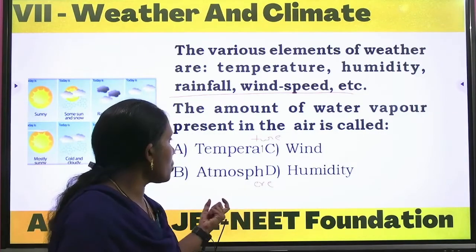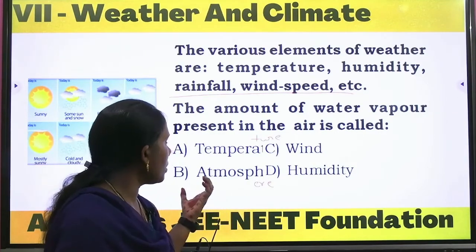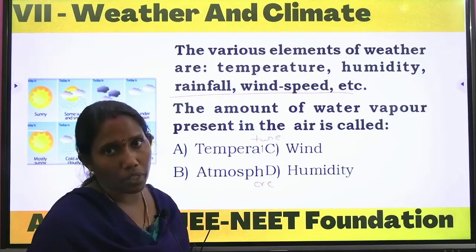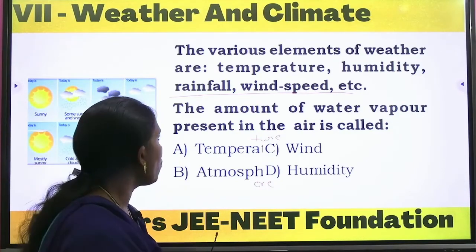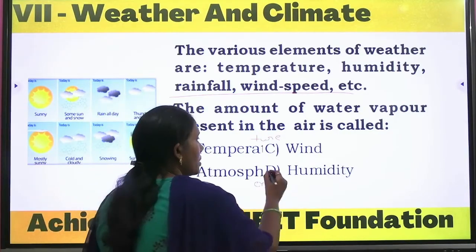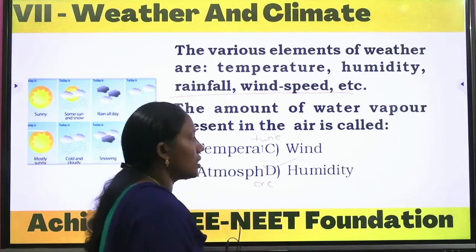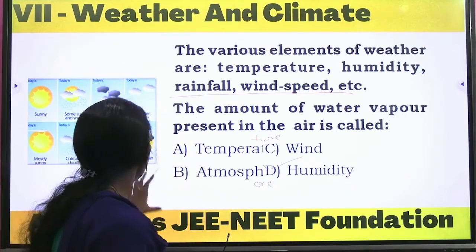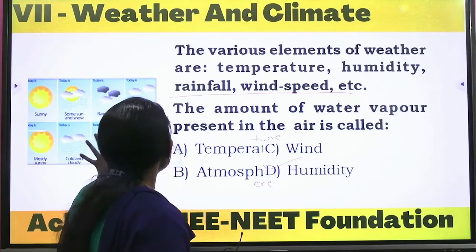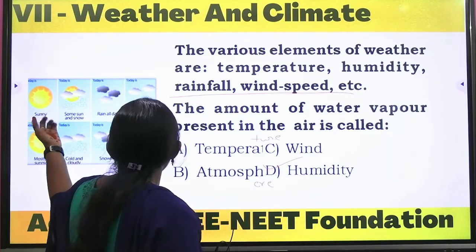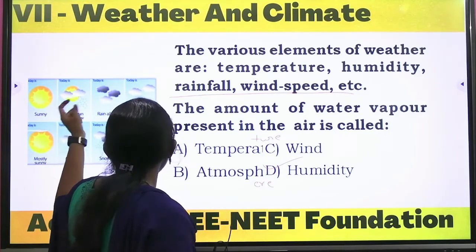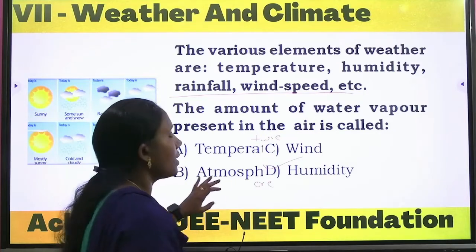Atmosphere is not the water vapor. So the amount of water vapor present in the air is called D option, humidity. Is it clear? And these are the different elements of the weather, present in temperature, here it is a rainy day and here it is thunder, rain, like that.